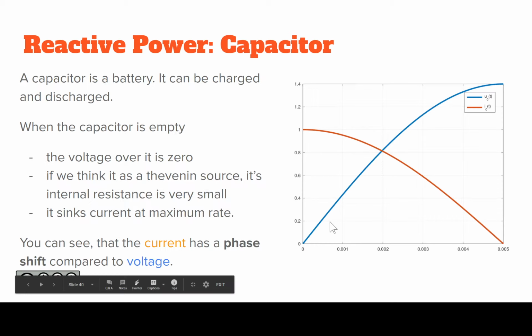Another way of looking at this is that, okay, again, a capacitor is a battery. It can be charged and discharged. The blue line there is the voltage, and the red line is the current. And this is the quarter of the sinusoid voltage that charges the capacitor here.